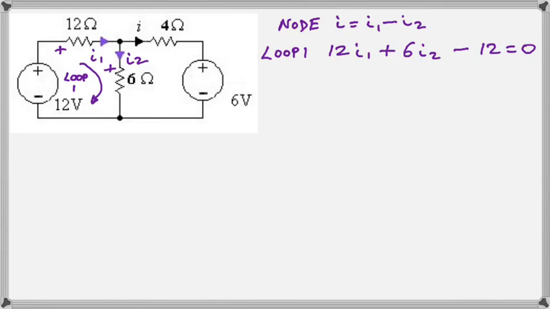But we need to label the other currents, so I've put on some directional symbols there, and I've labeled one I1 and the other I2. Now, it doesn't really matter how you label these, or even what directions you put on the purple arrows. It would be helpful to put them on in a direction that represents the actual current flow, but you may not be absolutely sure what the direction is in some cases.